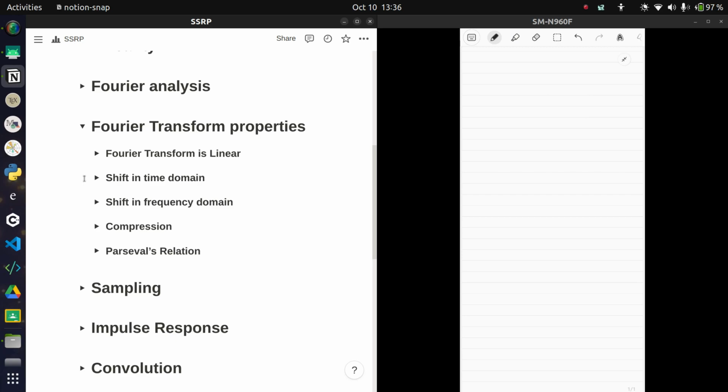Next is shift in the time domain. Suppose y of n is given by x of n minus s, where s is some shift. Then the DTFT is y of omega equal to x of omega, but now you have this extra factor. I guess it was positive.